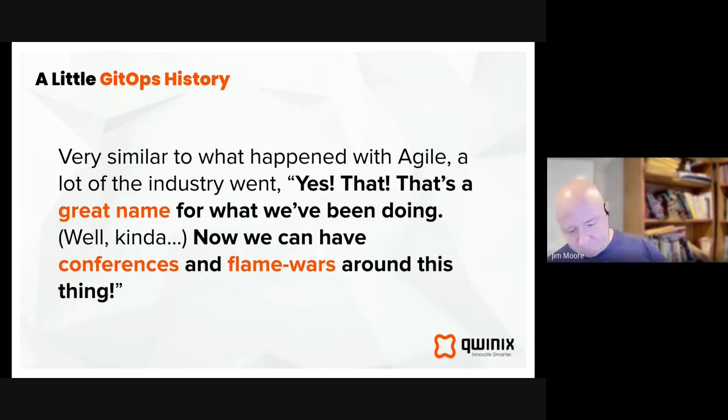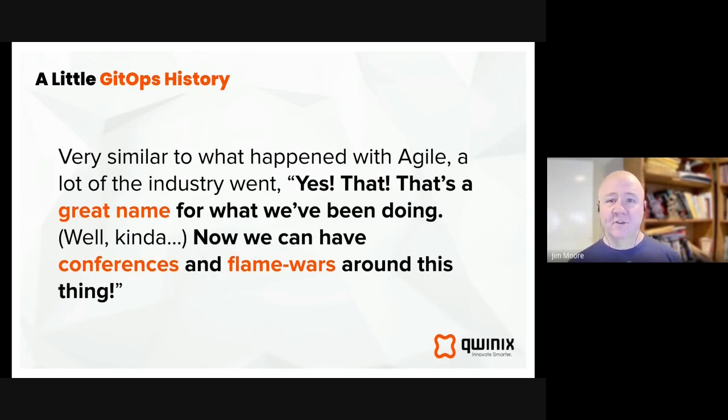And very similar to what happened with Agile, what happened with REST, some of these other terms is, the industry went, yes, that's exactly it. We've been doing it for a long time. Well, kind of. At least a lot of these different things, we recognize this in problems that we've had to solve. But now we have a name for it.